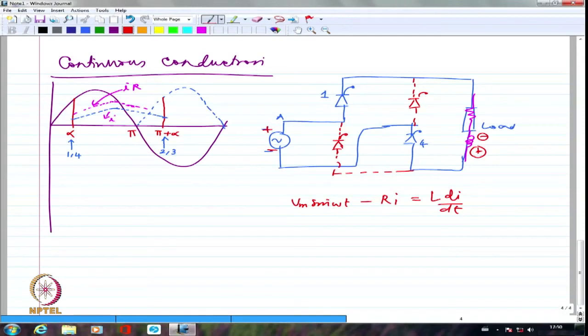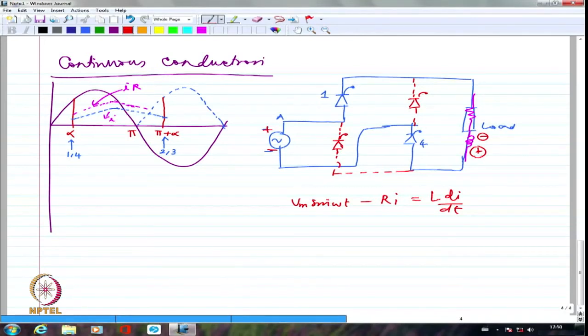Now, as it comes beyond pi, still I have to retain the conduction in the same direction. The property of inductance is to retain the current direction as much as possible by virtue of its stored energy. So this will now strive hard to still forward bias these two devices, despite the fact that the voltage supply has gone into the negative half cycle.